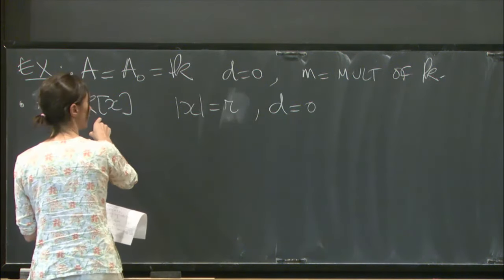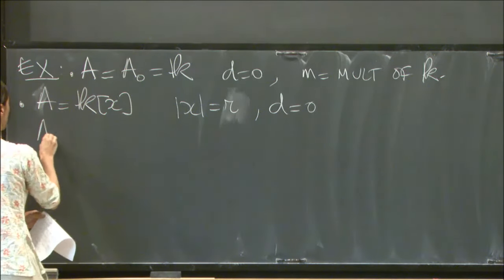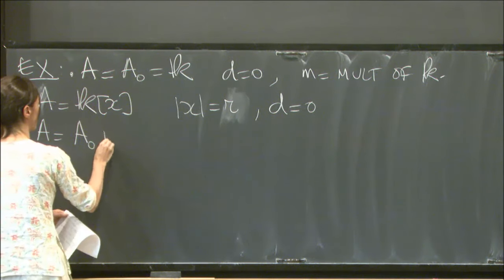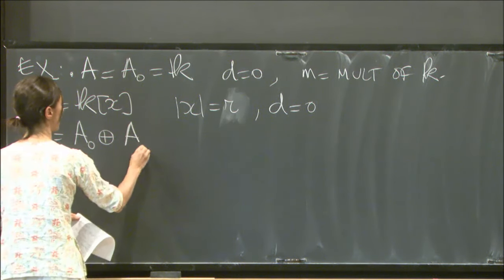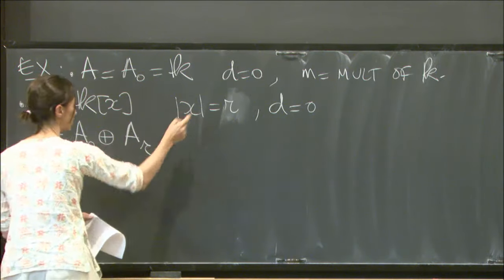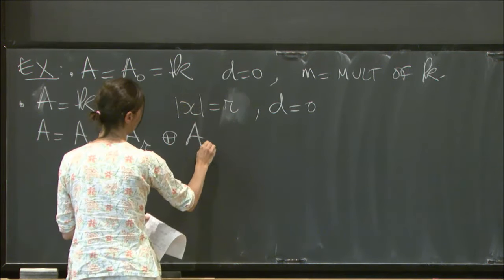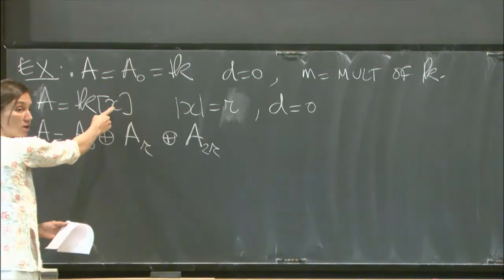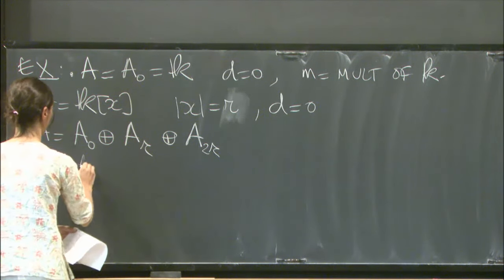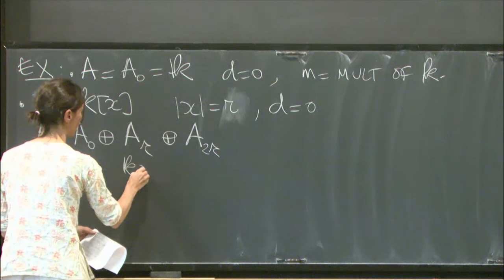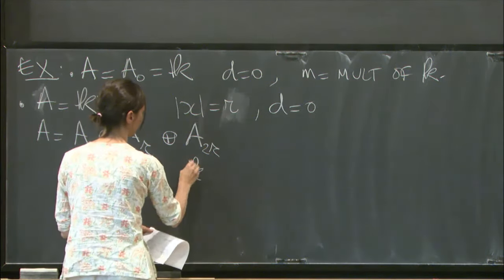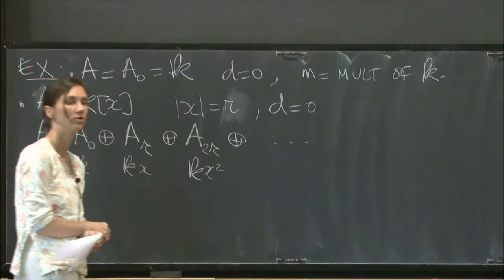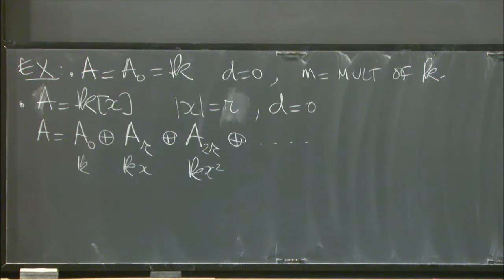A is A_0, where I have K, plus A_r, where I have K times x, plus A_{2r}, where I have K times x squared, and so on, because I'm doing a polynomial algebra. So that's a polynomial algebra with a grading.